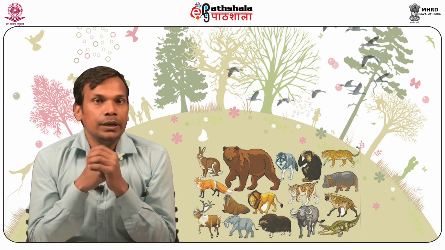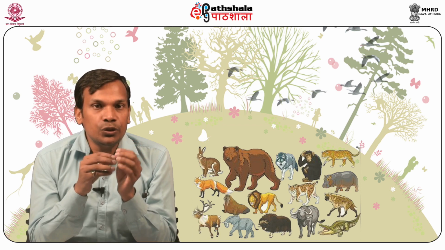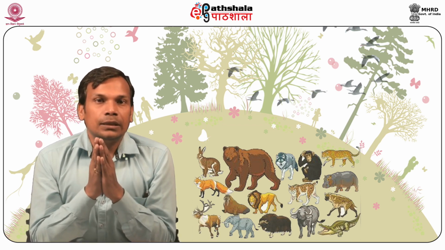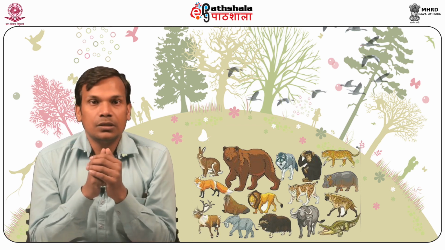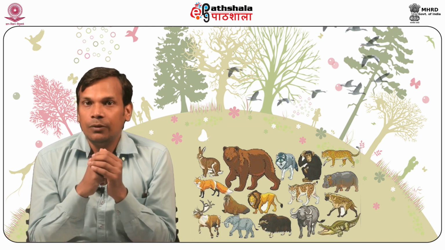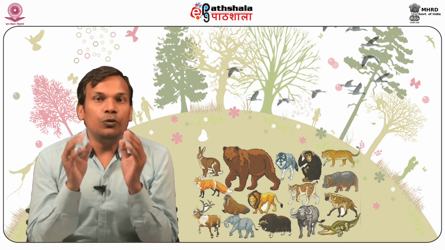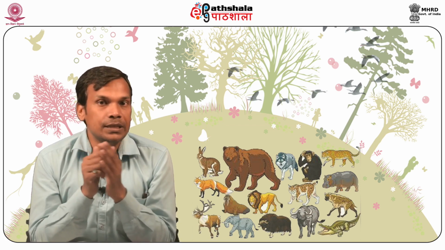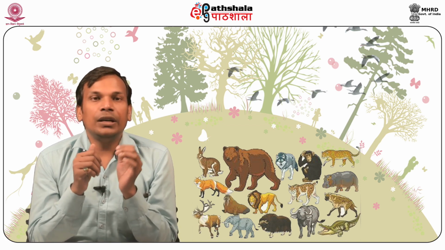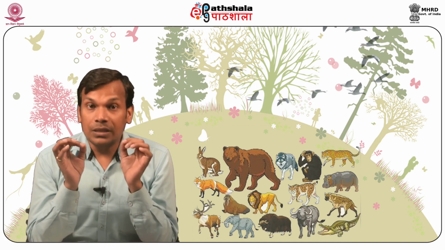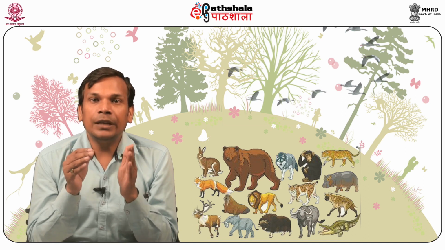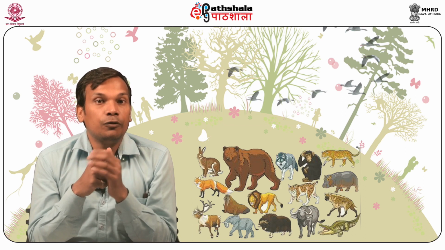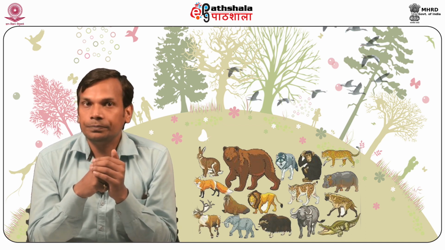Age pyramids. The age distribution in a population can be represented in the form of polygons or age pyramids, where the relative width of the successive horizontal bars represents the number of individuals or the percentage in different age classes. There are three types of pyramids recognized.